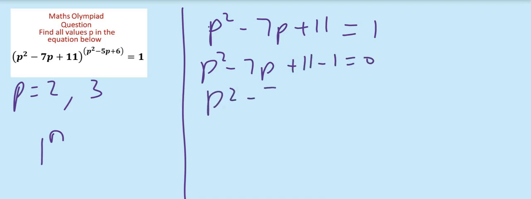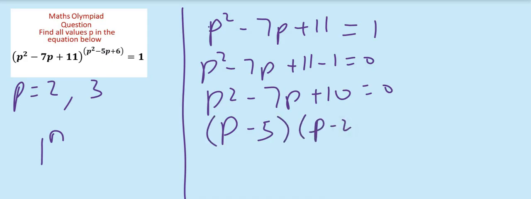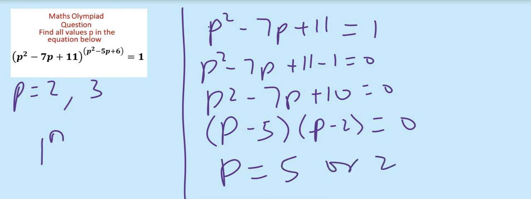P squared minus 7p plus 10 equals 0. Now I have p minus 5, p minus 2 equals 0. P is equal to 5 or 2. Don't forget, I've already gotten p to be 2 before. So to add to the answers I've gotten, p can also be 5. I've gotten three values of p that can satisfy the exponential equation.